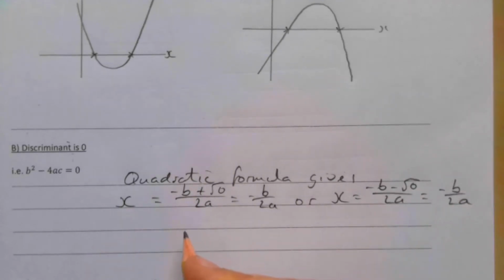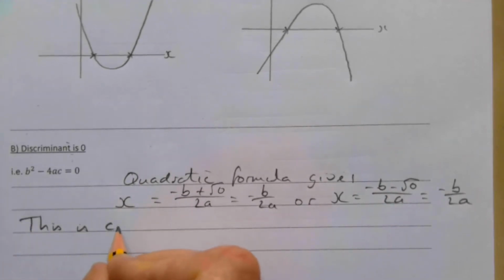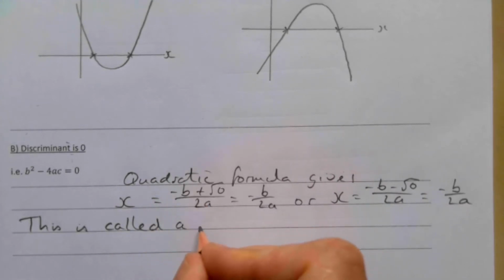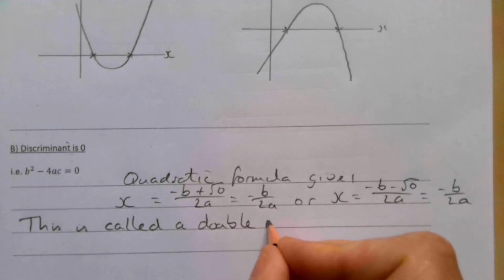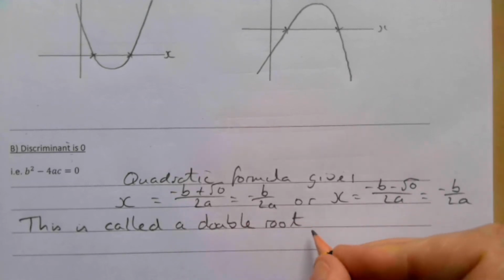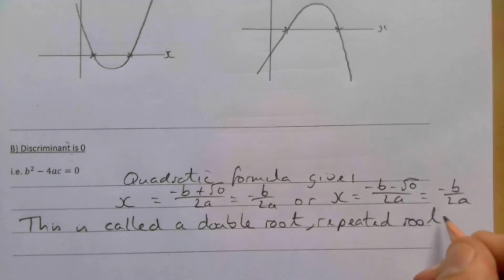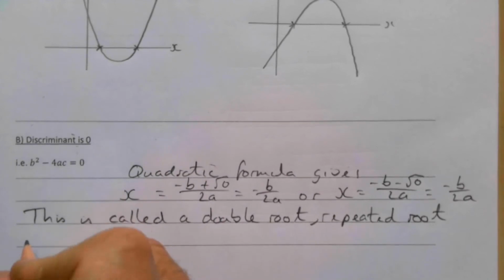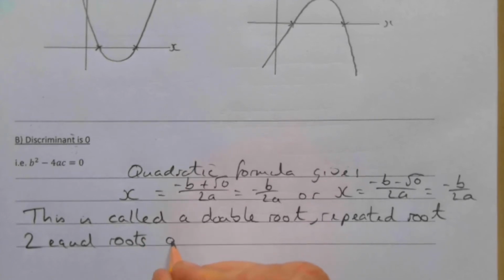So those two things are the same. This is called a double root, or repeated root, two equal roots. All the names. Or coincident.